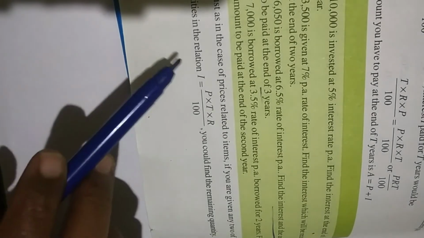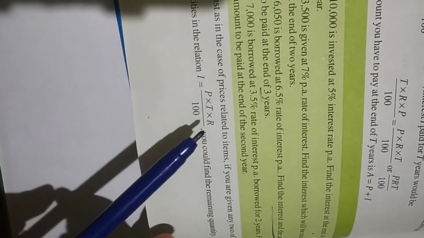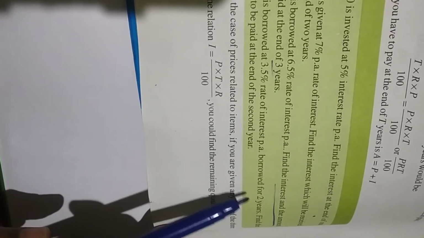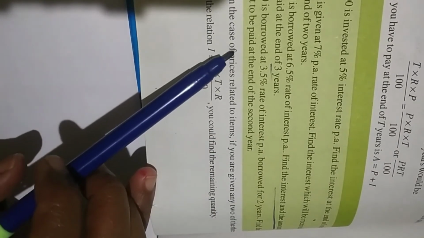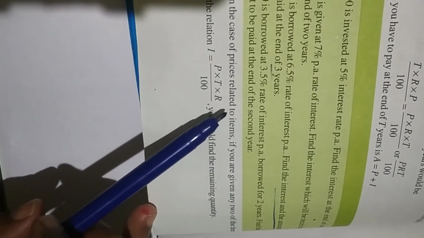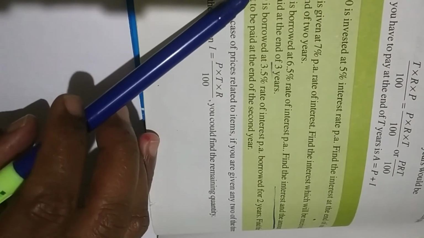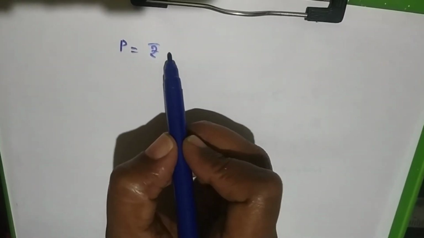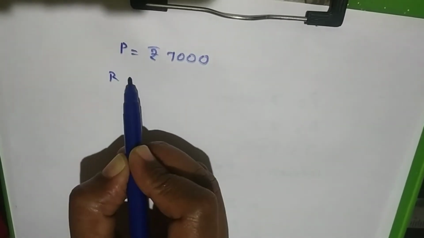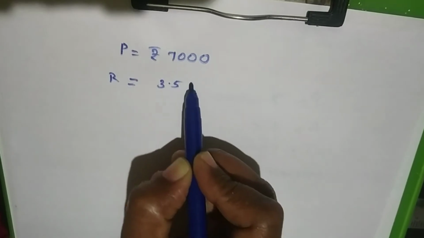Next question. Rupees 7,000 is borrowed at 3.5% rate of interest per annum, borrowed for 2 years. Find the amount to be paid at the end of second year, that is after 2 years. Here the principal is equal to 7,000. Then rate R is equal to 3.5%.